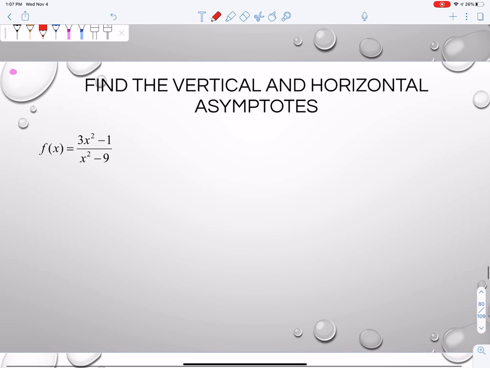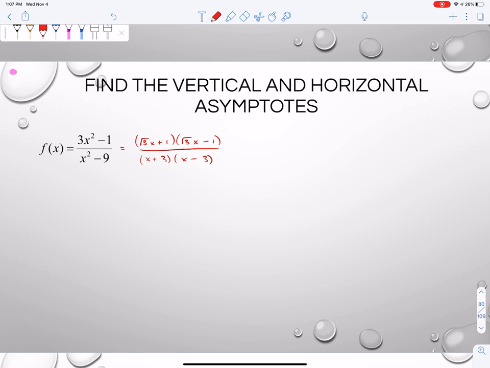Okay. Same thing, we're going to find vertical and horizontal asymptotes. Here I have two quadratics. I do need to go ahead and at least try to factor or look at factoring. If I factor this one, I end up with 3 times x plus 1 times x minus 1 over x plus 3 times x minus 3.